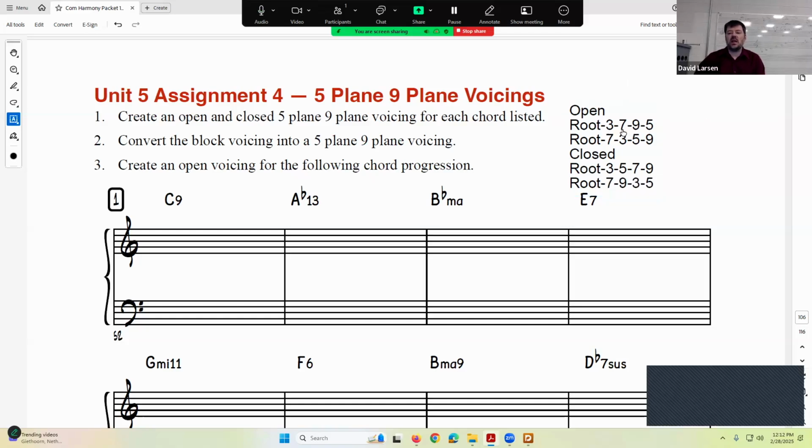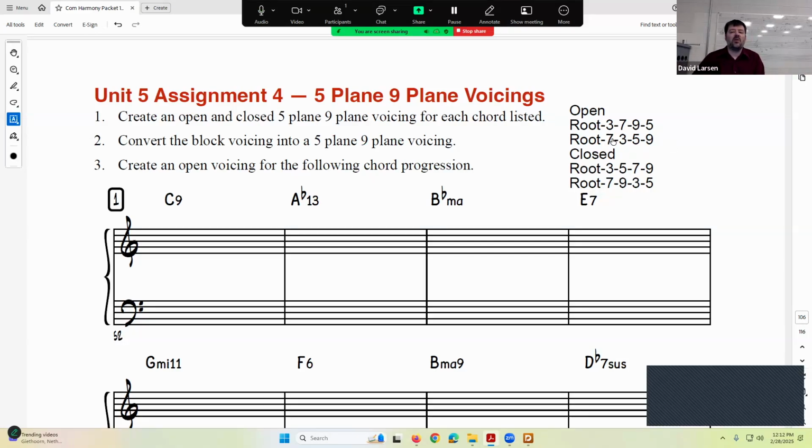Now you can see that the difference between the open and the closed is I grabbed one note, specifically this one, and I put it on the top. I grabbed 5, moved it to the top, that made that one. I grabbed 9, moved it to the top, that made that one.